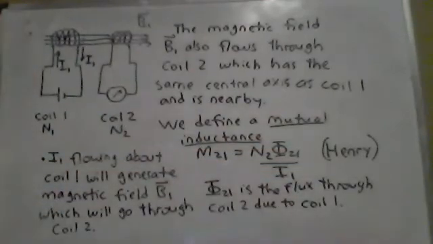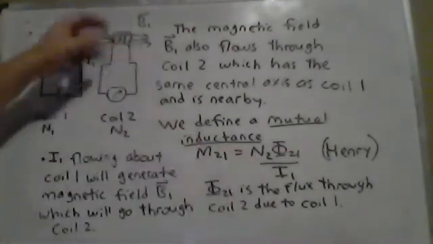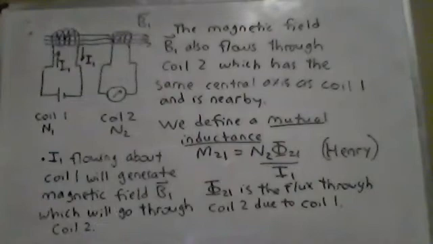Now let's look at this very carefully. The flux linkages is the flux linkages due to coil 2. That's N2, the number of turns in wire 2. Φ21 is the flux due to the magnetic field from 1. There's going to be a magnetic field coming through.